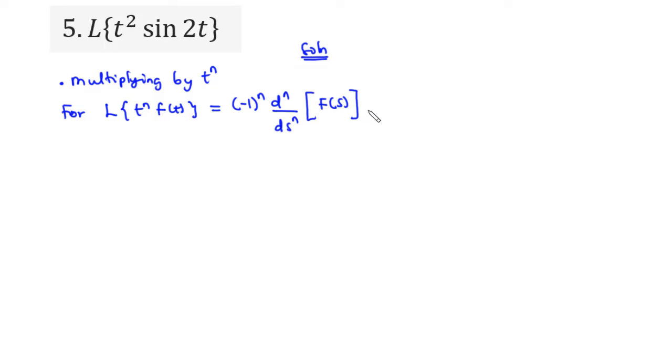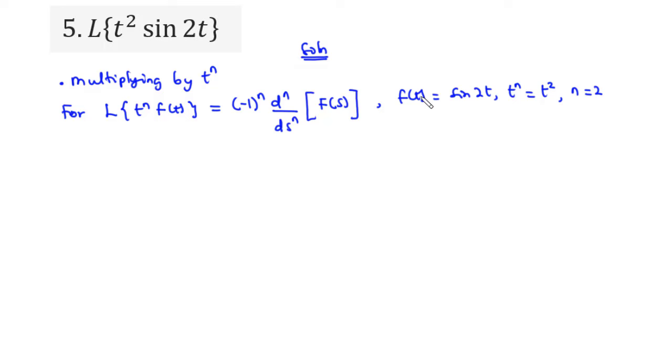Now what this primarily means is that, first of all, we are supposed to find the Laplace transform F of s, which happens to be the Laplace transform of the function f of t. So from this, we have f of t corresponding to sine 2t, and then we have t to the power n corresponding to t squared. And from this, you realize that we have n to be equal to 2.